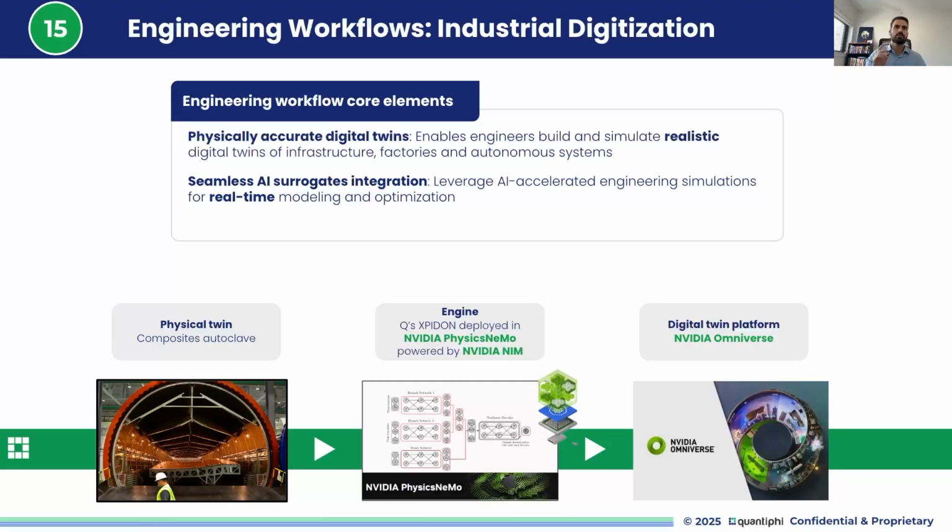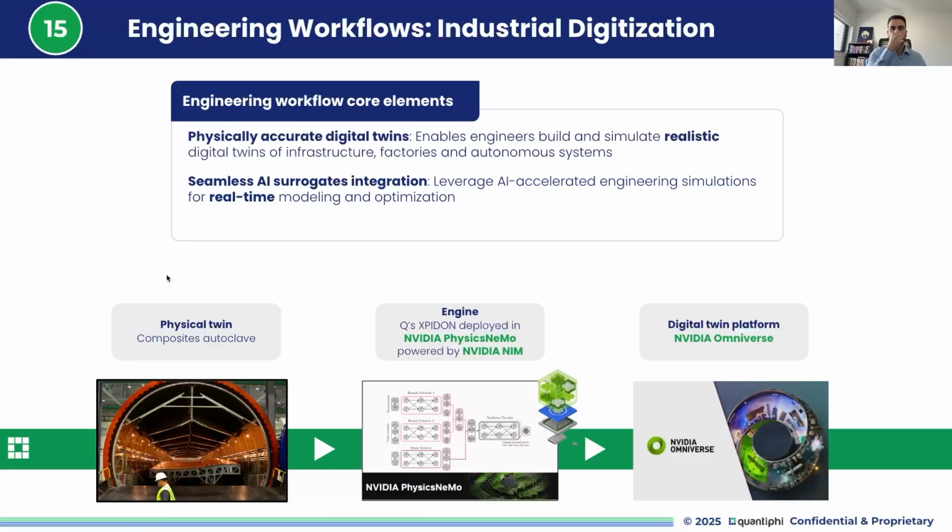And two is AI surrogate models, the models that we just discussed, two of them. These models are AI-accelerated simulations and give us real-time modeling capabilities. So these two core elements, when they combine with NVIDIA's ecosystem, the workflow really comes alive.